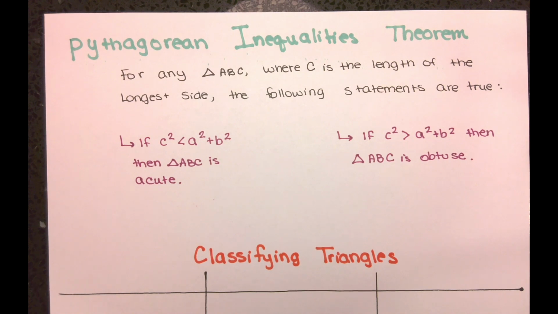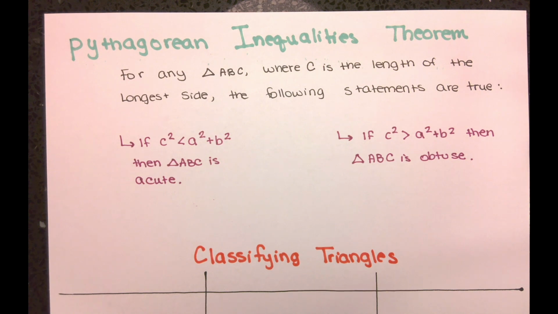What it says is, for any triangle ABC, where C is the length of the longest side, the following statements are true. If the largest side is smaller, then we have an acute triangle. If the largest side is larger, then we have an obtuse triangle.